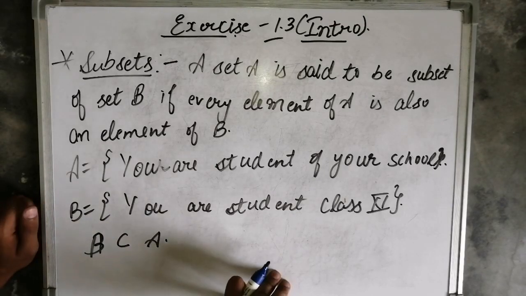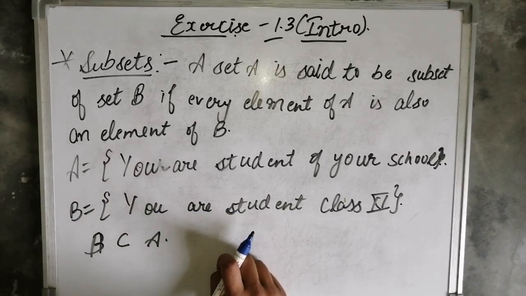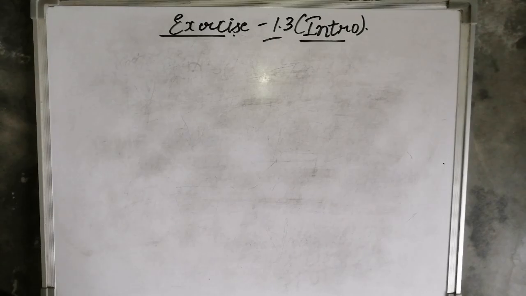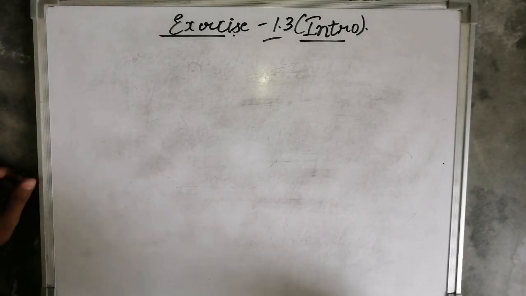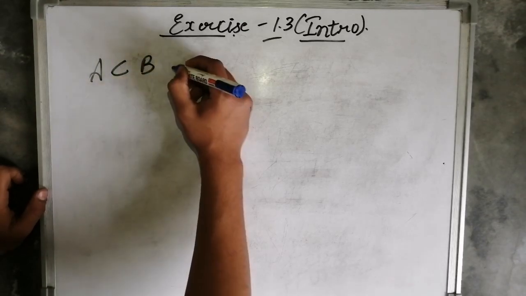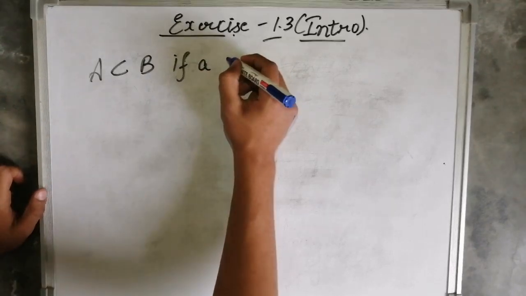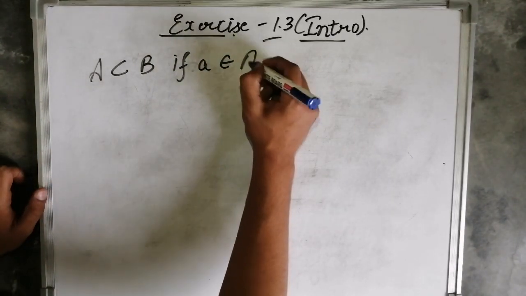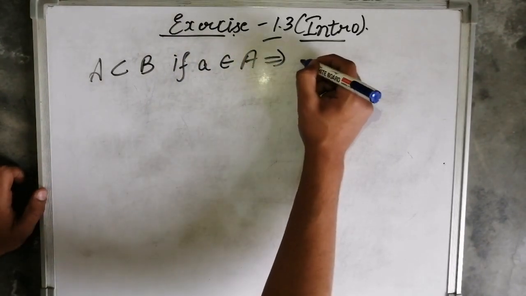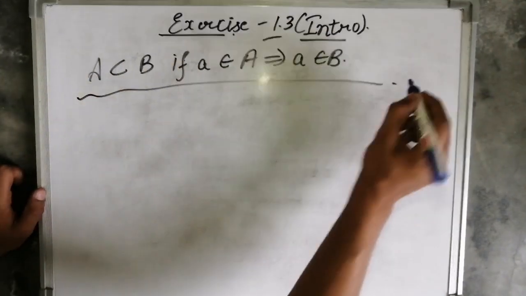Okay, now moving to the further topic. Students, note that if A is a subset of B, then a belongs to A implies that a belongs to B. Now what does this line mean?